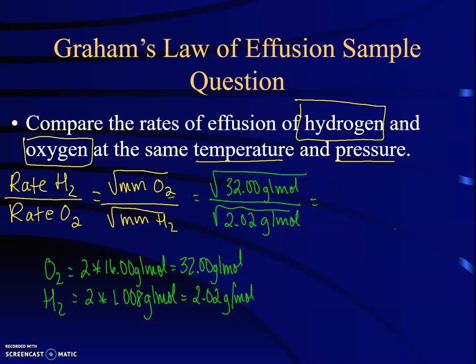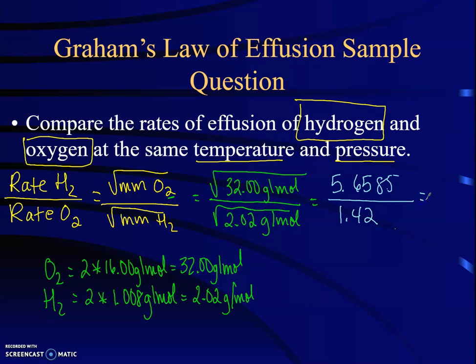So please grab your calculators. It's important that we do these correctly. What you need to do is first take the square root of 32, which is going to be 5.6585. And the second one is going to be the square root of 2.02, and you get 1.42.